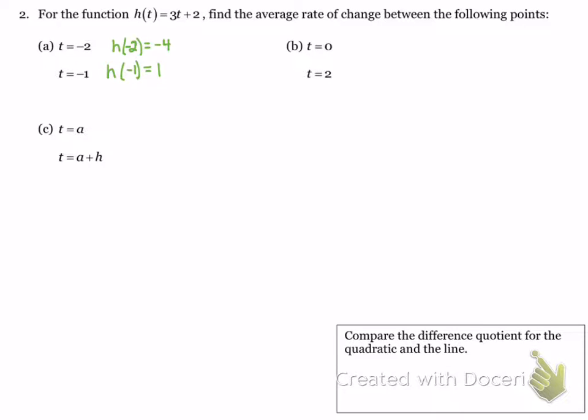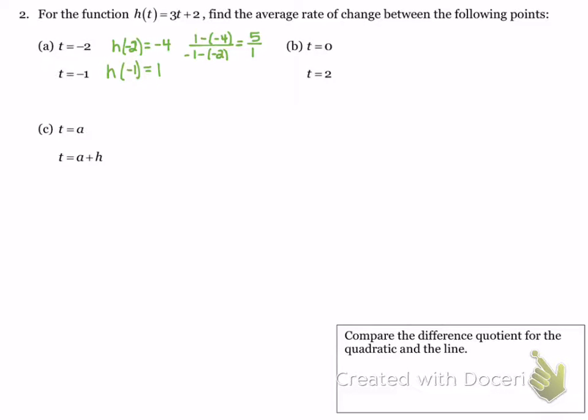So we have 1 minus negative 4 over negative 1 minus negative 2, which gives me 5 over 1. So my answer is 5.